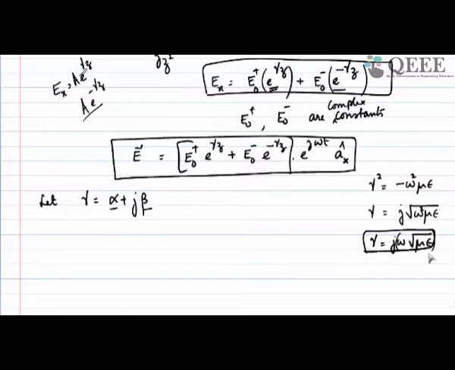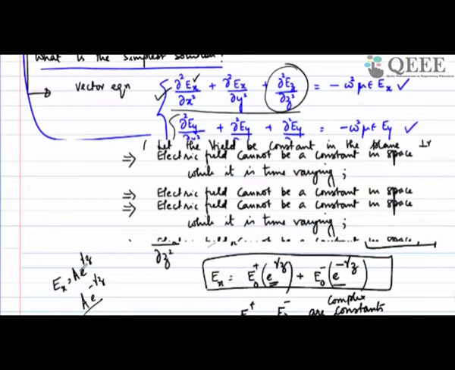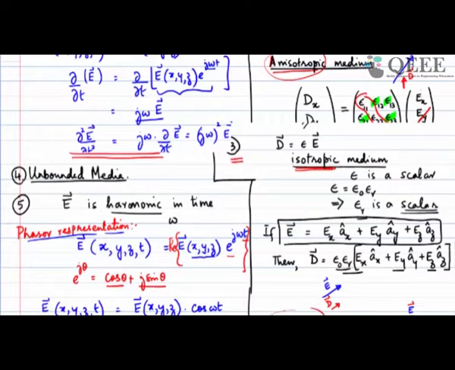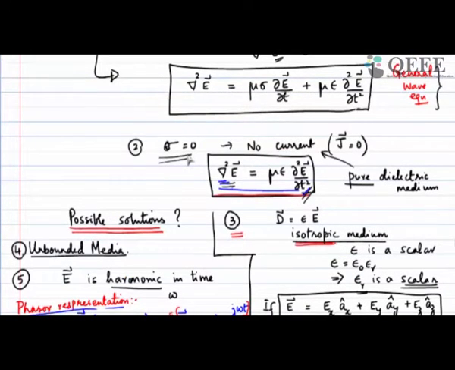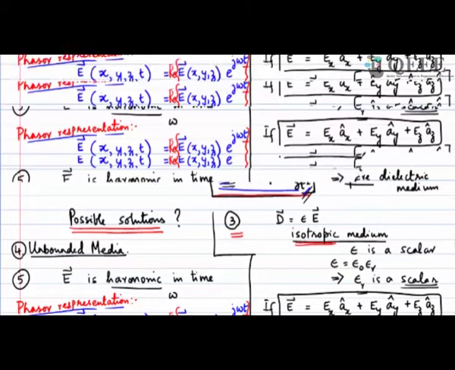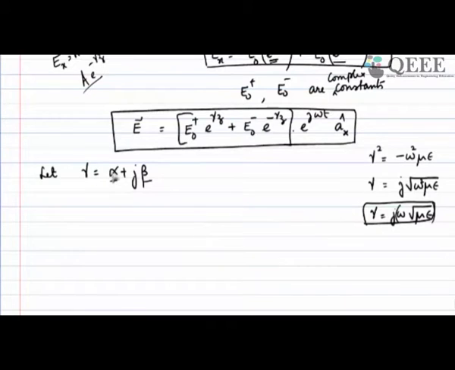But in general, I'll tell you why I'm using this, because later on when we talk about the case where sigma is not equal to 0, gamma will actually have a real part as well as an imaginary part. So as I said, let me write a general form. Gamma is alpha plus j beta.